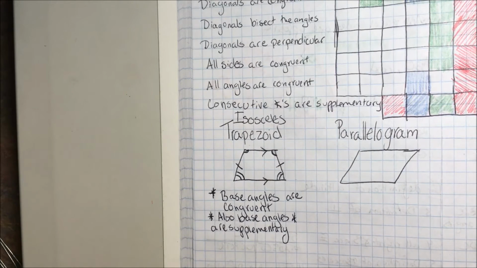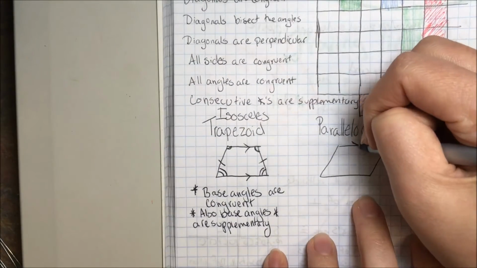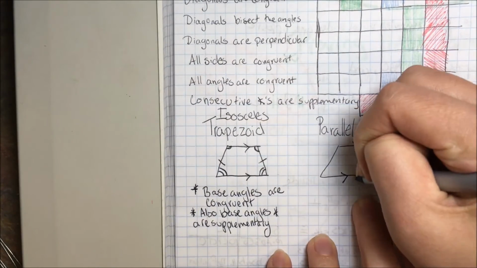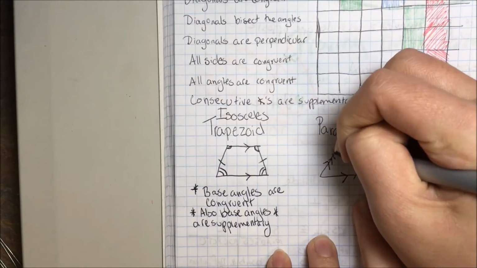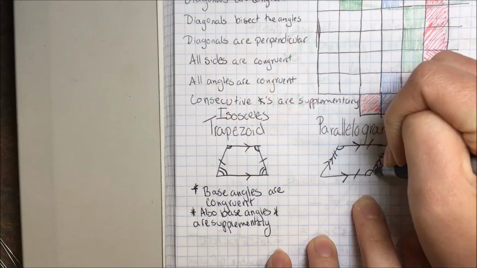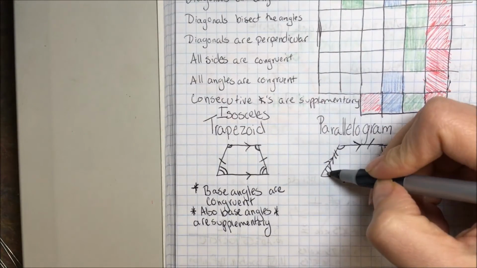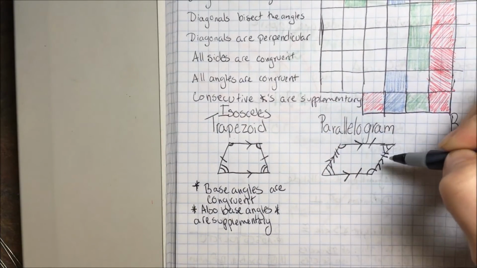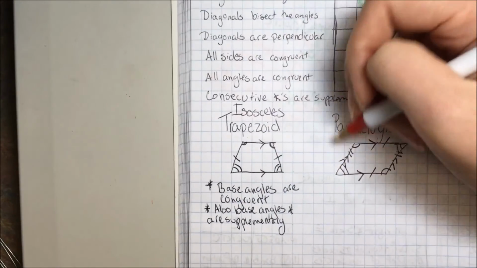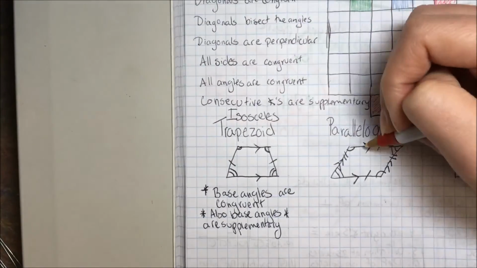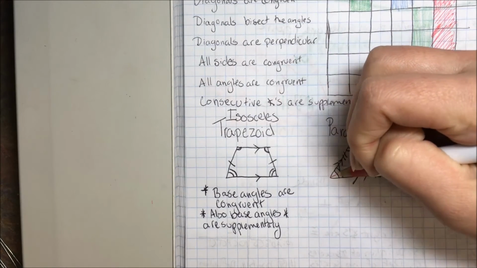So, in a parallelogram, opposite sides are parallel and congruent. Opposite angles are congruent, and the consecutive angles are supplementary. So that means that this angle plus this angle is 180. In the parallelogram, the diagonals bisect each other.